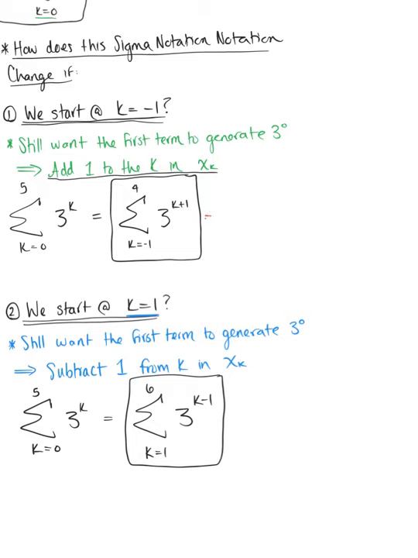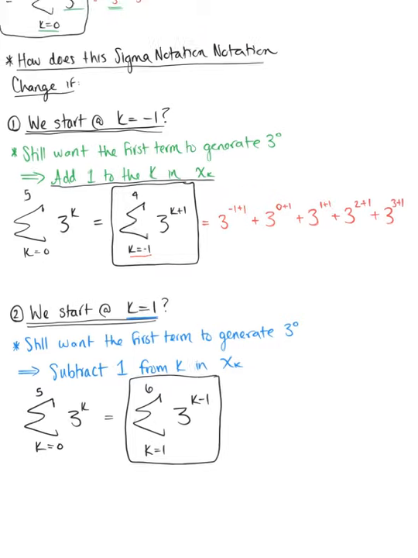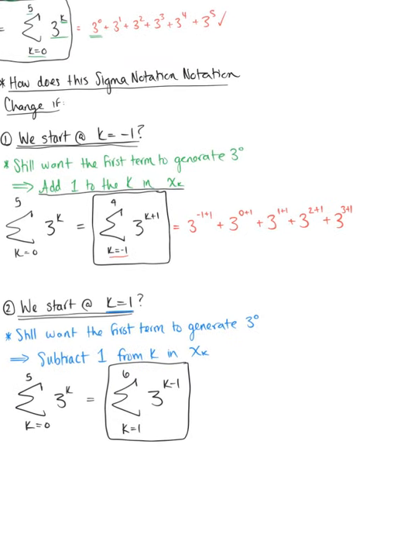So if we did this with our first case here, we're starting at k is negative 1, so this would be 3 to the minus 1 plus 1, plus 3 to the 0 plus 1, plus 3 to the 1 plus 1, plus 3 to the 2 plus 1, plus 3 to the 3 plus 1, plus 3 to the 4 plus 1.